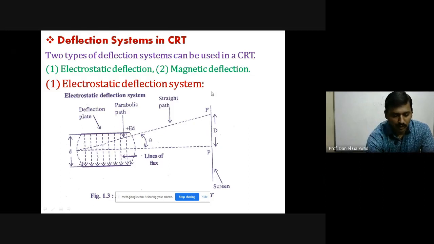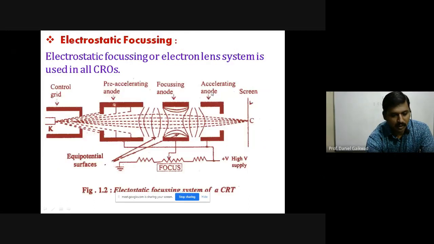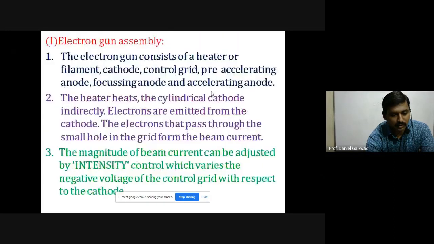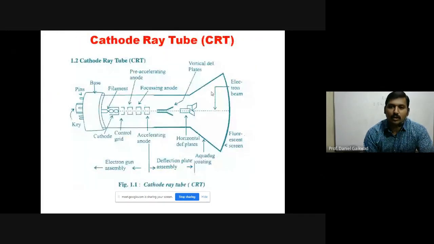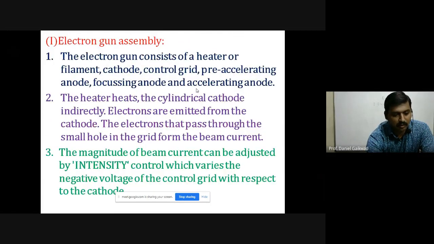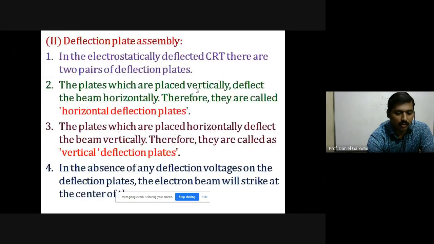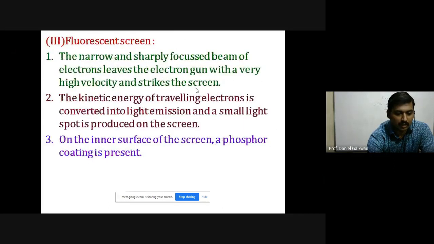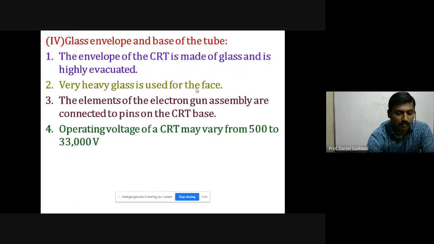So in the previous lecture we learned about the concept of cathode ray tube, CRT, with a diagram and explanation. The very first part of the cathode ray tube is the electron gun assembly, the second part is the deflection plate assembly, the third is the fluorescent screen, and the fourth part is the glass envelope.